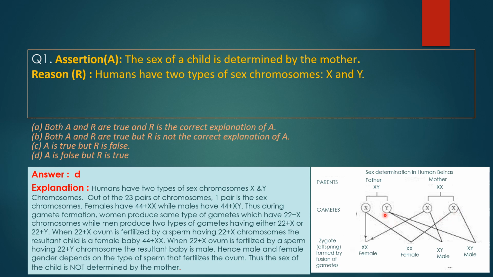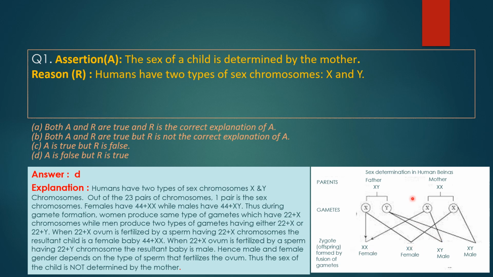If the sperm carrying Y chromosome fuses with the ovum carrying X chromosome, in this case and in this case, the offspring that we get has XY and XY chromosomes, which means that these offsprings are males. So there is a 50% possibility of having males and 50% possibility of having female offsprings.